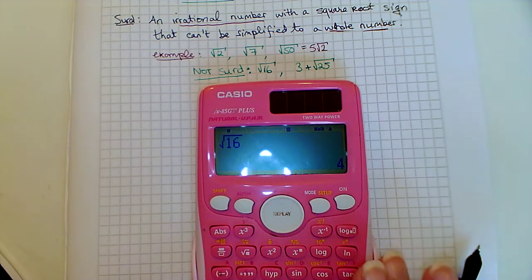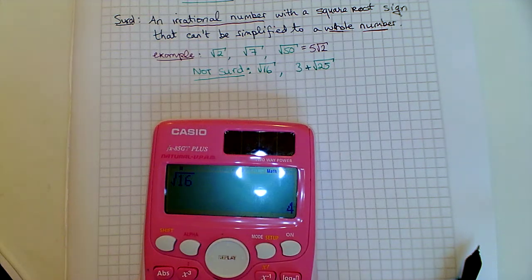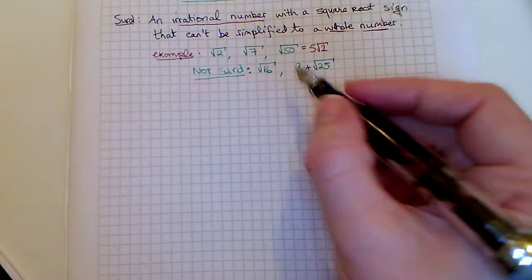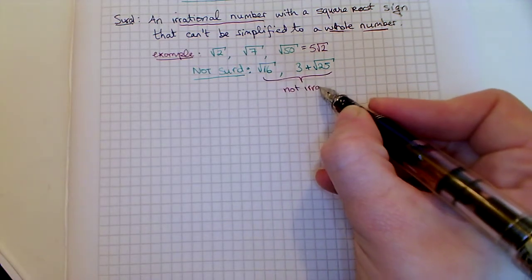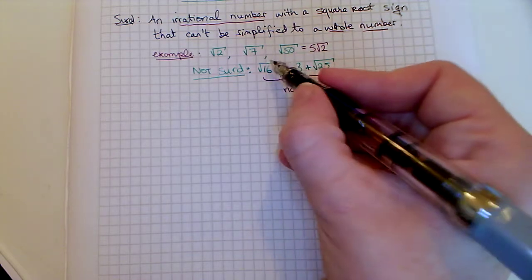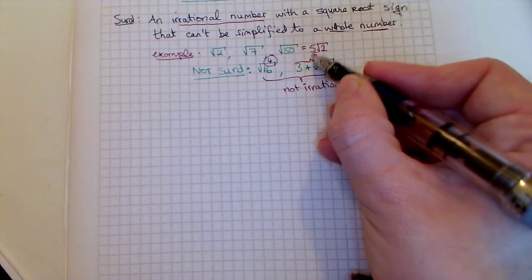So it's not going to be an irrational number. 3 plus the square root of 25 simplifies to 8. So these aren't surds, even though they have a square root sign, because they are not irrational. In fact, they're whole numbers. So that's 4, and that simplifies to 8.